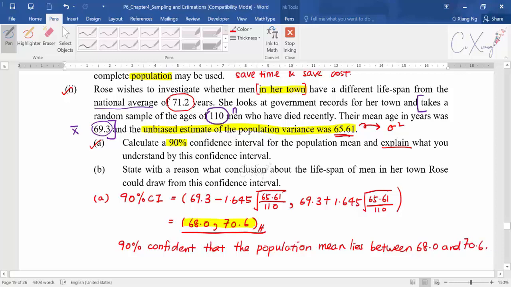To me, this is the standard explanation. So every time you can just adjust the percentage and also the values, if they want you to explain the meaning of the confidence interval.